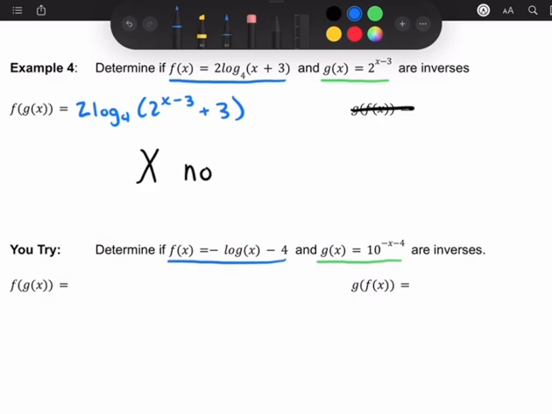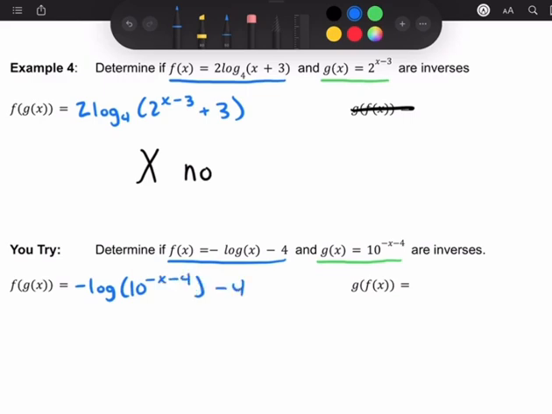So first, solving for the composite function f of g of x, plugging in g of x in anywhere in f where there's an x variable, we get negative log base 10, remember that base 10 is implied, of 10 to the negative x minus 4 power, parentheses, minus 4.